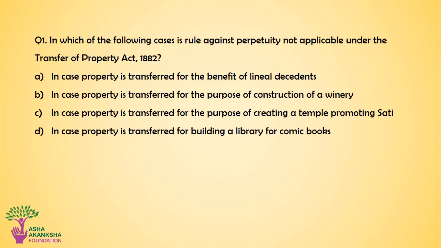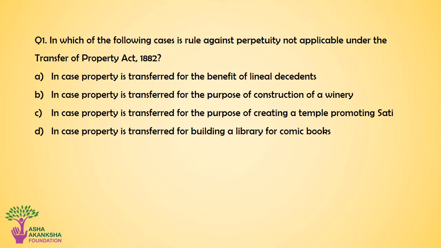Question number 1. In which of the following cases is rule against perpetuity not applicable under the Transfer of Property Act 1882? Option A. In case property is transferred for the benefit of lineal descendants. Option B. In case property is transferred for the purpose of construction of a winery.